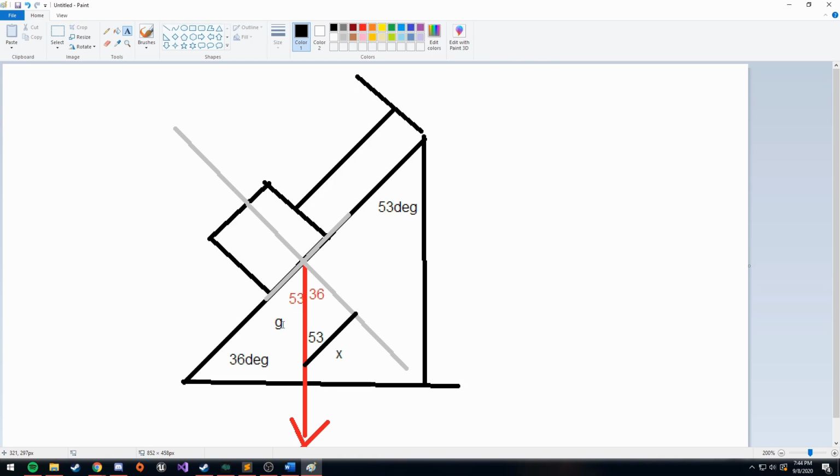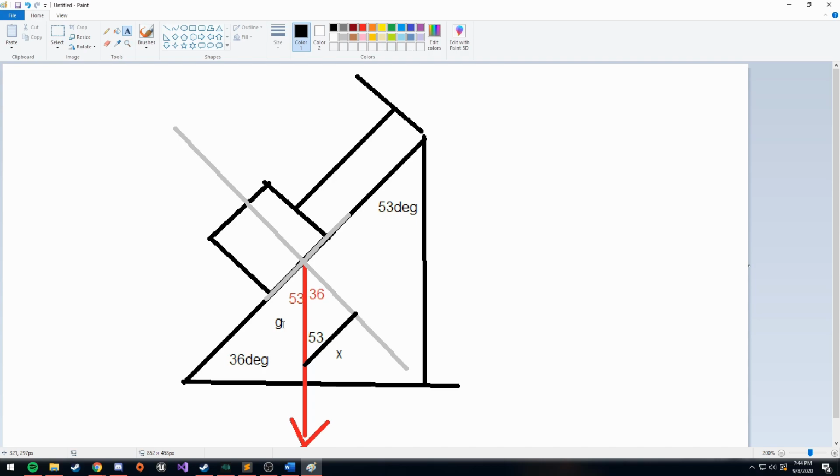Okay. Right, so what do you guys get so far for the FNet? We have negative 10 times cosine of 53.13. And then we also need to subtract the, no, we would add the spring force, which is 120.